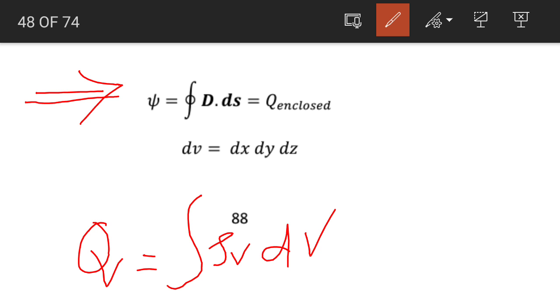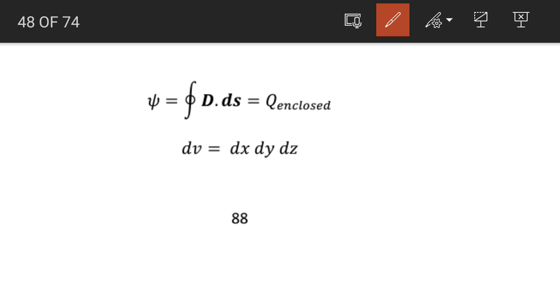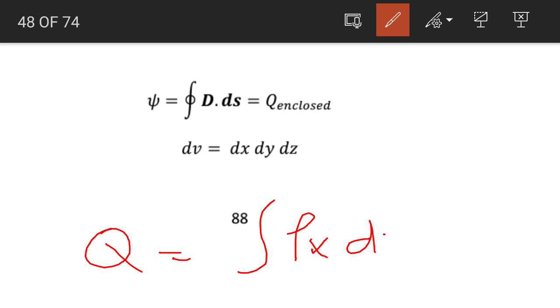So we need to integrate rho v dv, and the integration of rho v dv will give you the charge inside this closed surface, which will be equal to the flux passing through this closed surface in the outward direction.